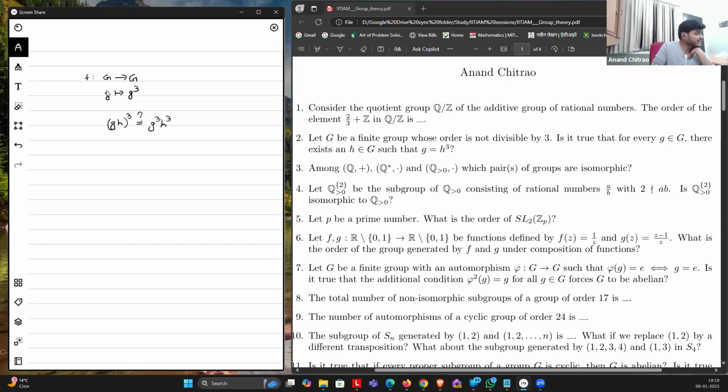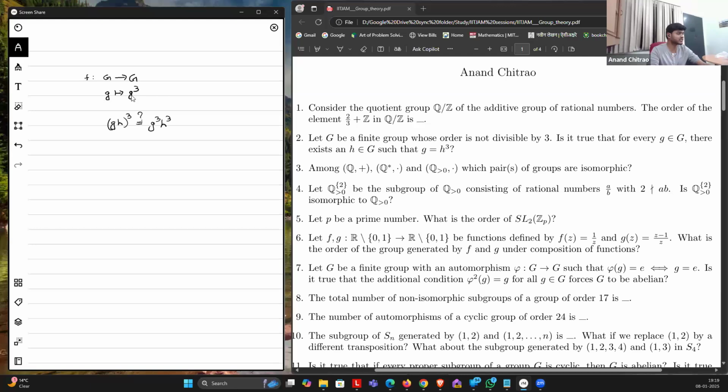So now, is the cube map injective? Injectivity of a homomorphism can be checked by computing its kernel, right? So what is the kernel of f?